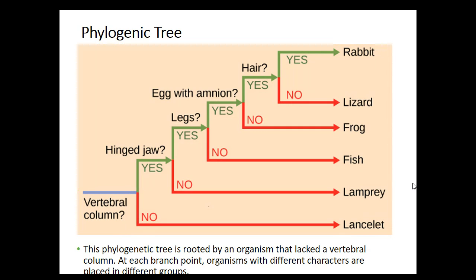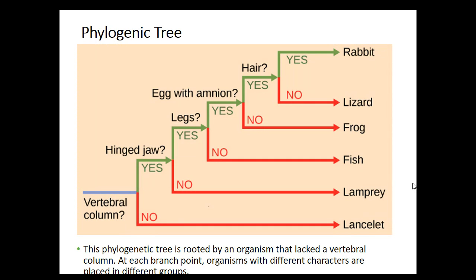Probably. And in some cases, characteristics disappear through evolution, but all of these actually do have hinged jaws. The lamprey is a fish that doesn't have a hinged jaw. It has a round mouth with teeth on it.